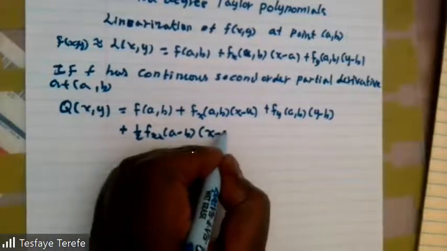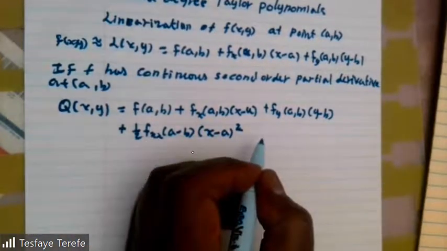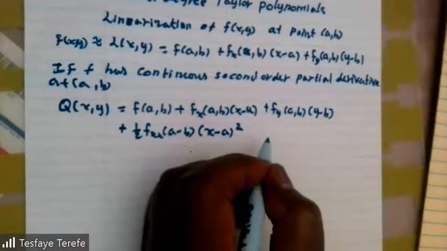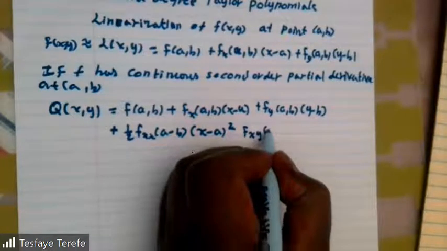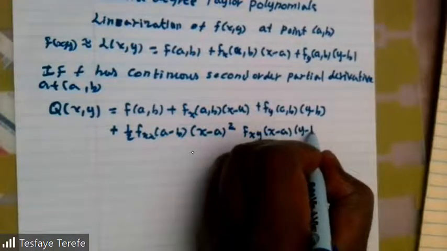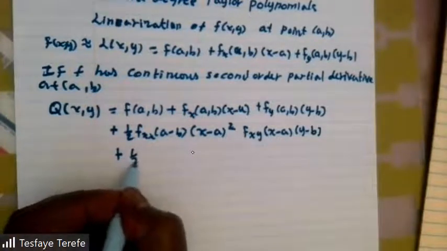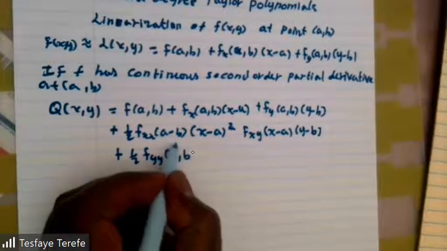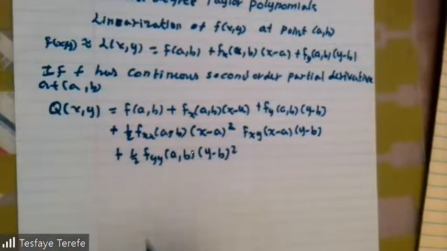times (x minus a) squared, and we have 1/2 of twice the partial derivative, because we have two partial derivatives when you expand that, but the 1/2 will be cancelled, so the mixed partial derivative with respect to x and y, times (x minus a) times (y minus b), plus, I ran out of space, 1/2 the partial derivative with respect to y twice at (a, b) times (y minus b) squared.